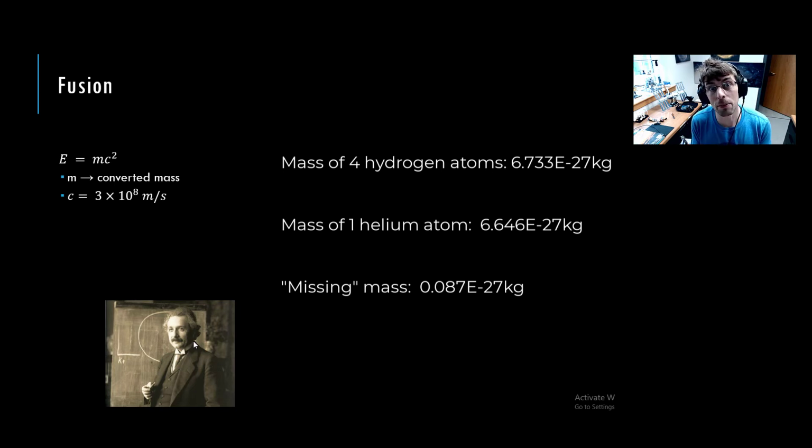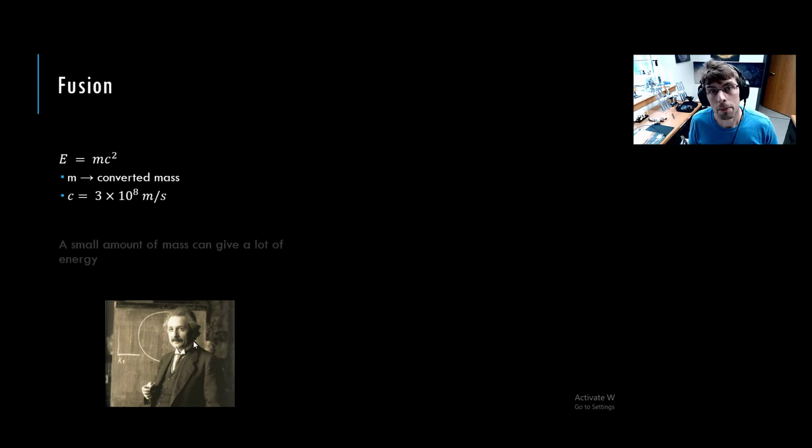Einstein was able to figure out that that missing material, that little piece of missing mass, is where the energy comes from. It is converted into pure energy. Now, because of that c squared, a very small amount of converted mass can yield a lot of energy.